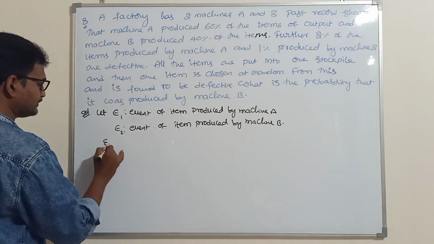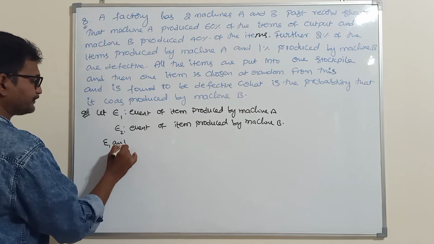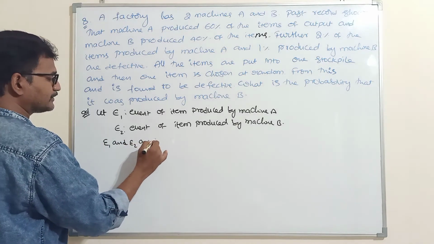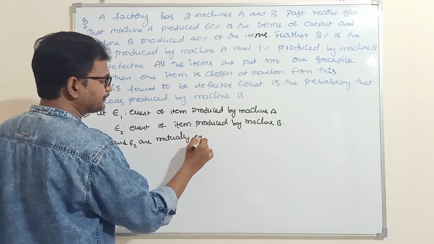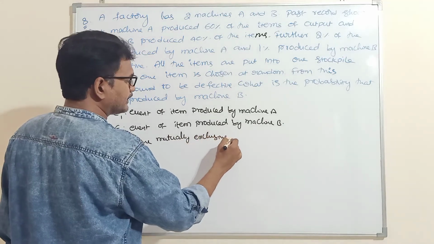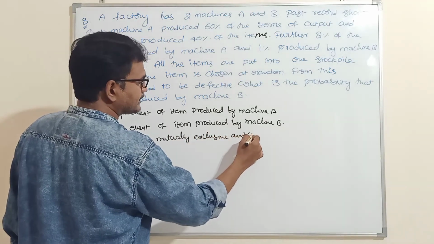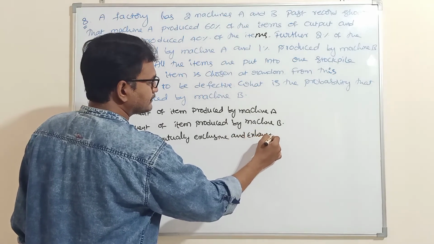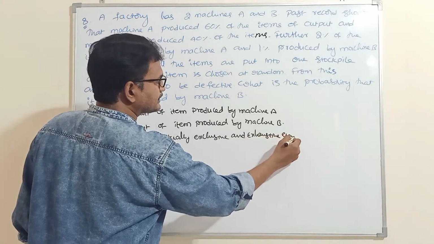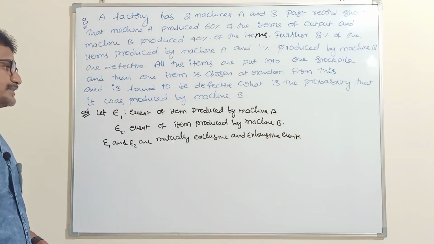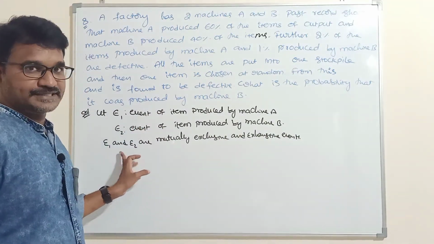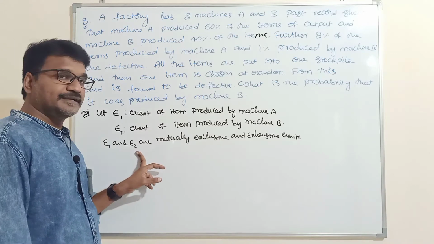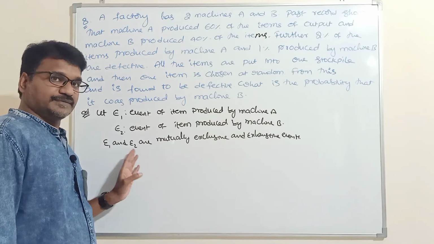So here E1 and E2 are mutually exclusive and exhaustive events. That means here two types of machines are there, A and B. Items produced by machine A are different, machine B are different.